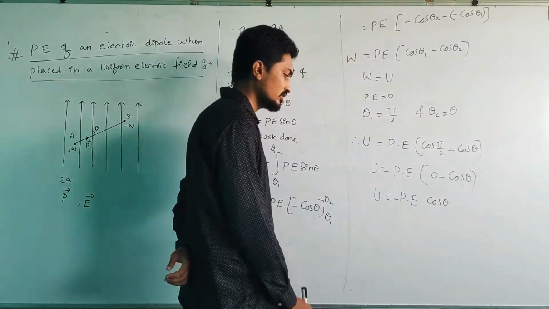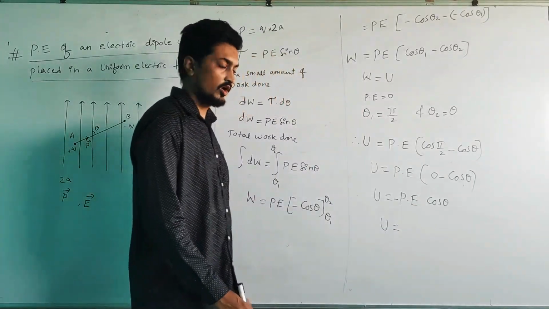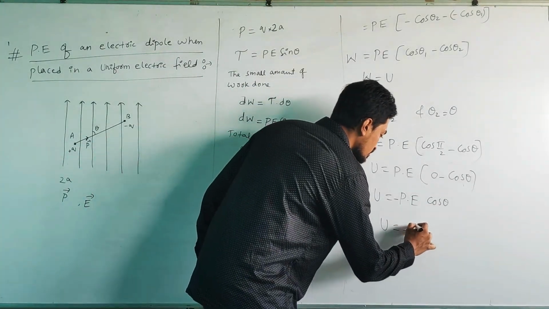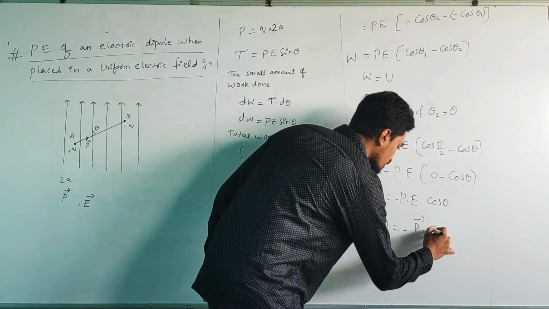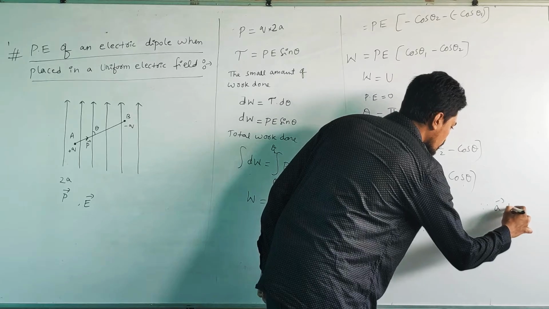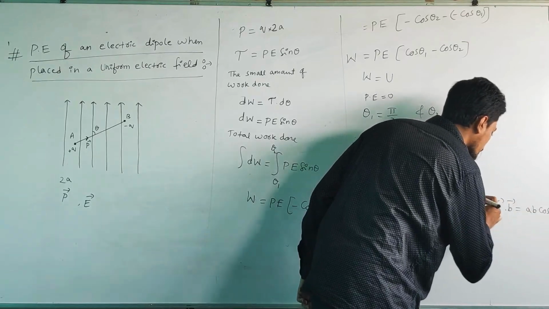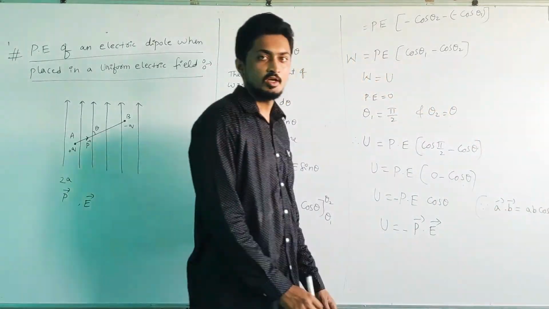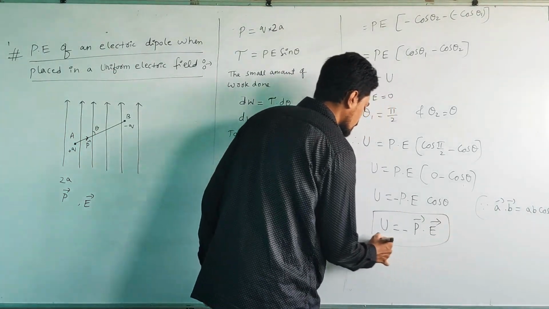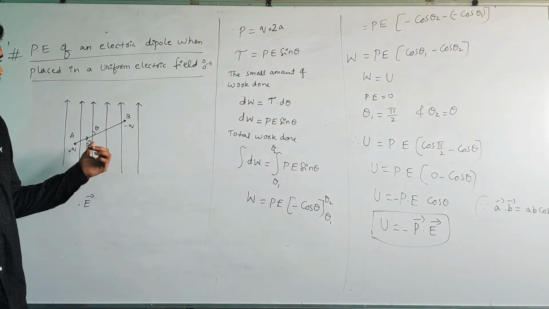We can write this in the form of magnitude of A into magnitude of B into cos theta, which is nothing but minus vector P dot vector E, because vector A dot vector B is equal to AB cos theta, where A and B represent the magnitudes of vector A and vector B respectively. So this is the potential energy stored when a dipole is placed in a uniform electric field.